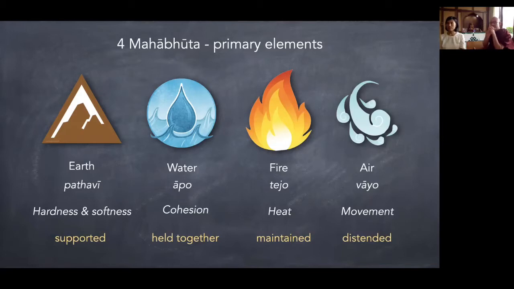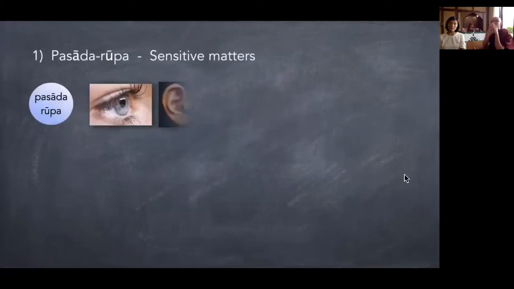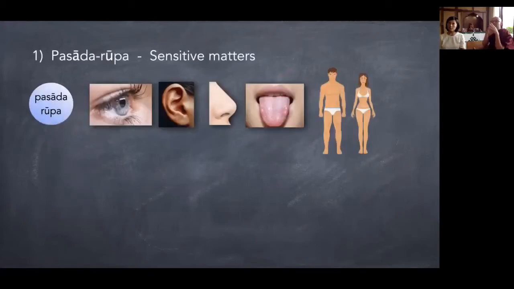Okay. Now, after looking at the 4 elements, we have seen also last week an introduction to 2 other groups of rupas. The first one is called the Upada Rupa, which are the sensitive matters: eye sensitivity, ear sensitivity, nose sensitivity, tongue sensitivity, and body sensitivity. We can think of it as the matter that can recognize matter.